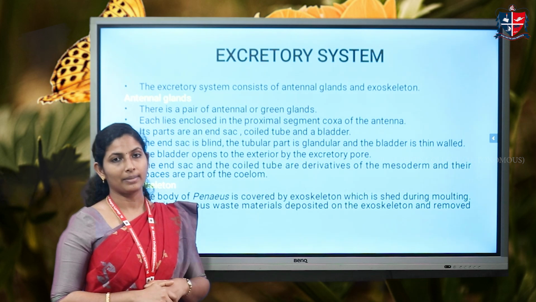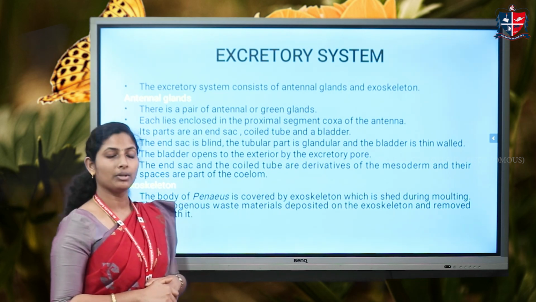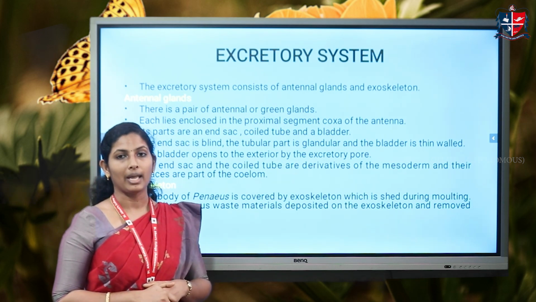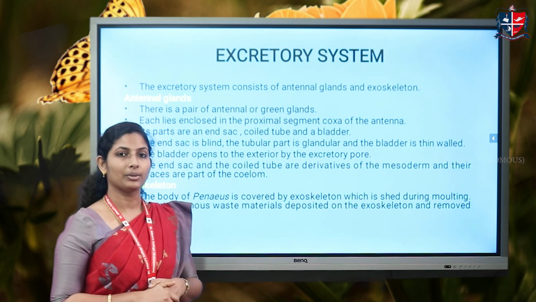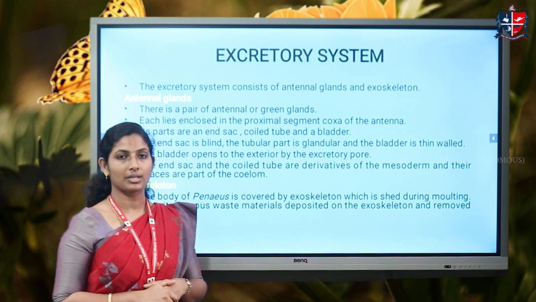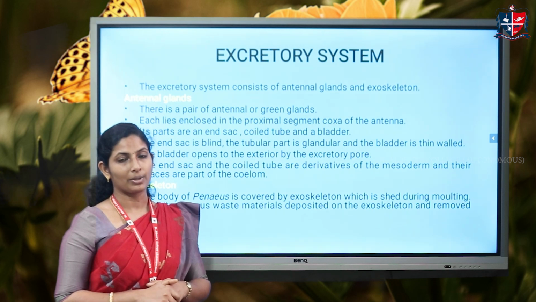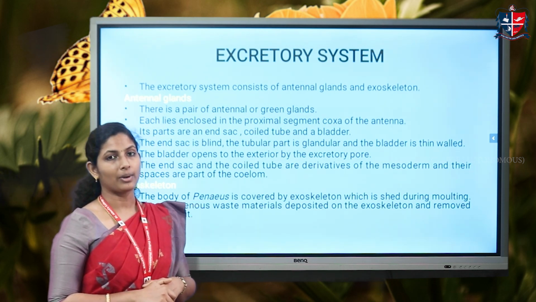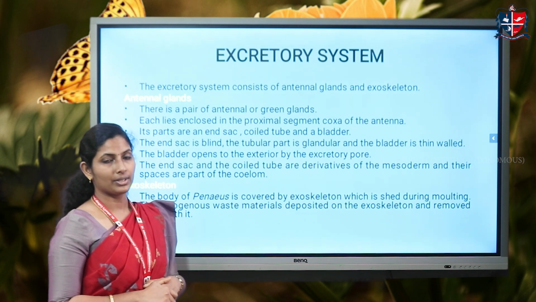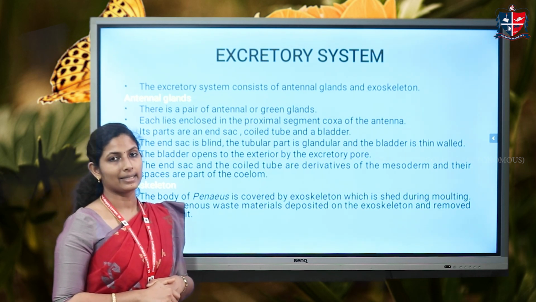The end sac and the coiled tube are derivatives of the mesoderm, and the cavity is part of the coelom. The bladder opens to the exterior by means of excretory pores, through which the nitrogenous waste is removed. So that's about the excretory system done by the antennal glands.